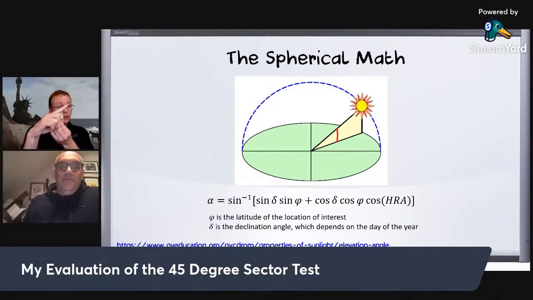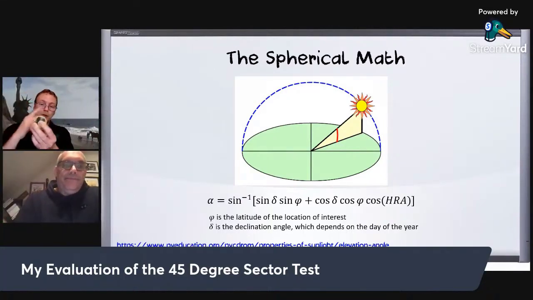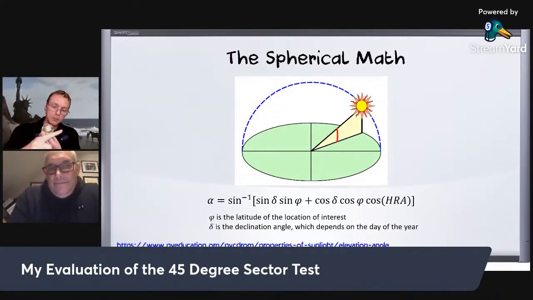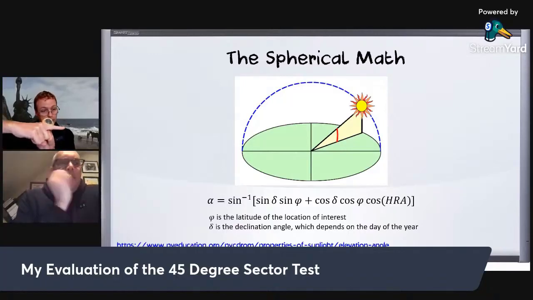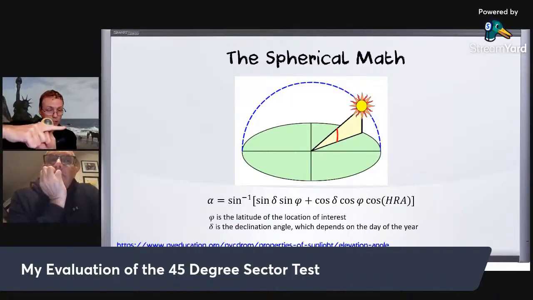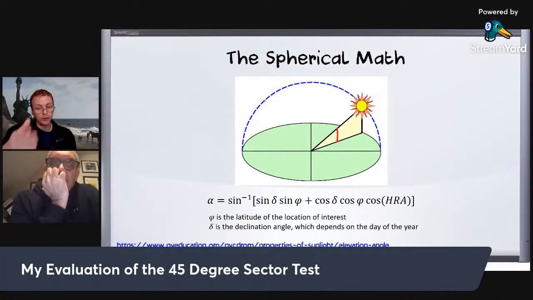So it does another rotation. So I'm going to want to take the observer and put them there. And now I want to align this whole thing so that the observer is the one that's straight. So I have to do another rotation for the observer's latitude. And that is where the sine and the cosine of phi come.